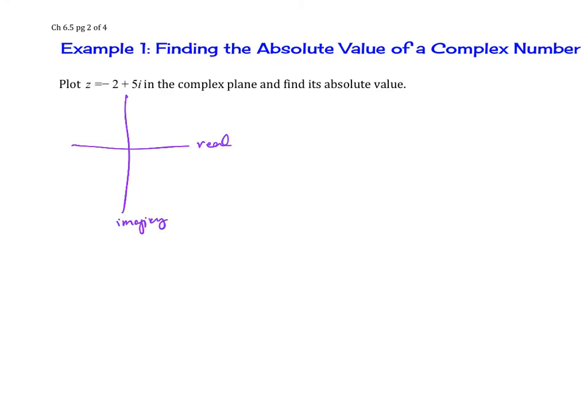So how you plot this is -2, that is left 2 and up 5. So (-2, 5), and we're trying to find this distance here. To find that, the absolute value of z equals the square root of -2 squared plus 5 squared. So that is 4 plus 25, or the square root of 29. So that is the distance.